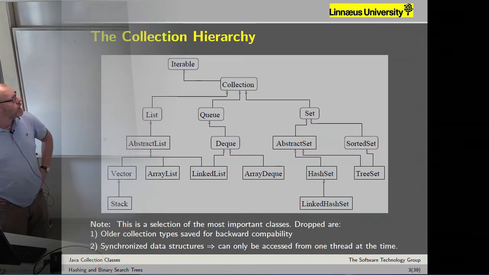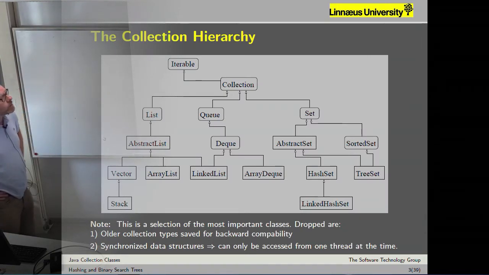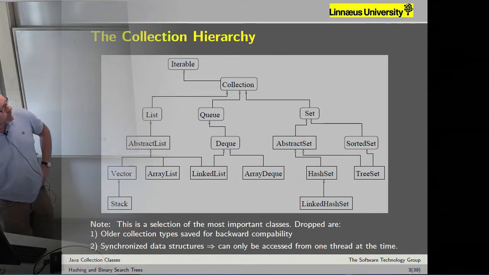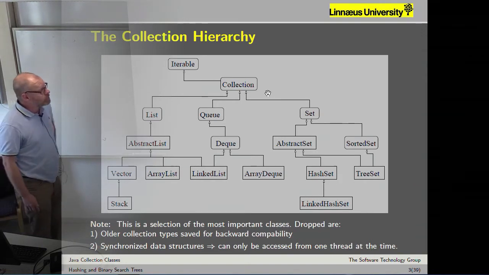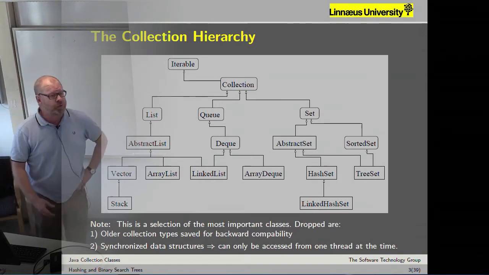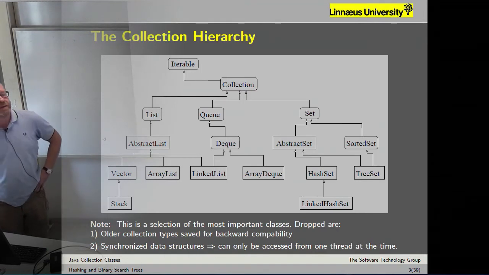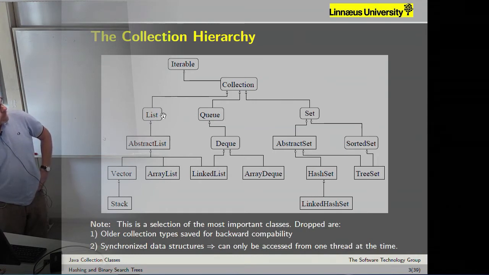This is a hierarchy of some of the collection classes that are available in Java. They have a topmost interface here called Collection. This interface contains methods like add, remove, contains, isEmpty, and general questions that can be asked of any data structure. Then they have divided it into three different categories: the list, the queue, and the set. This will be the topic for today.